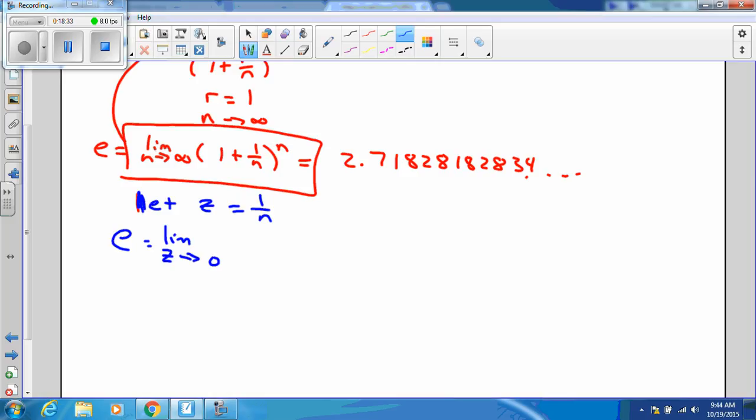Does that make sense? Yeah, okay. And then now we go through and we substitute. What am I substituting? 1 plus z to the 1 over z. And this is going to be our second form for e. And it's extraordinarily useful at different points.